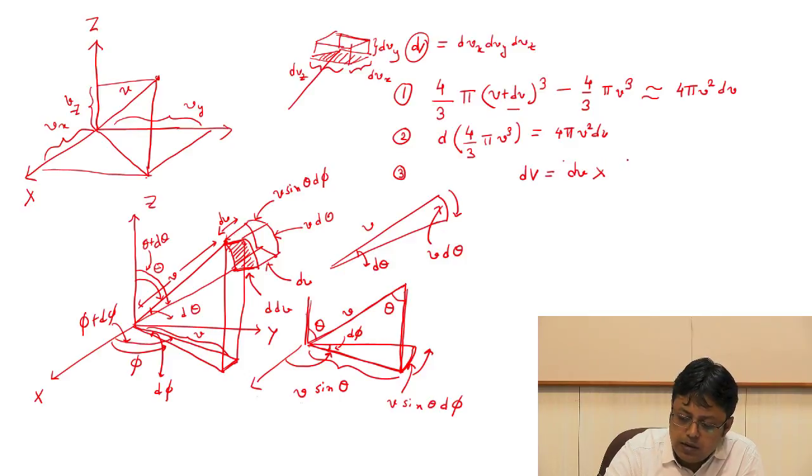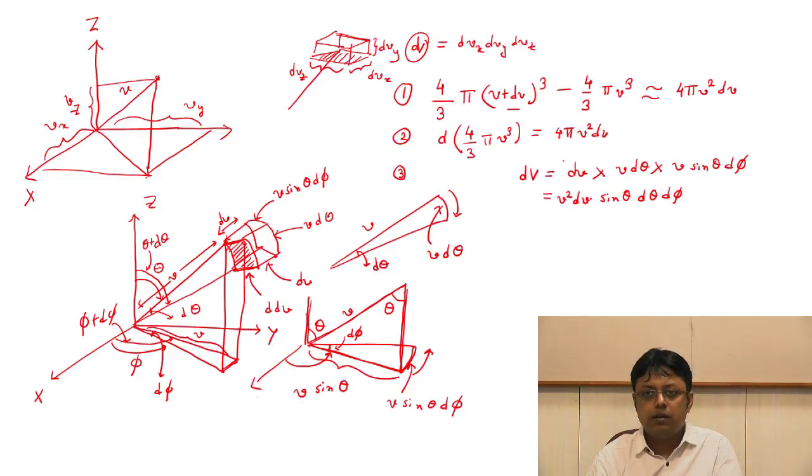Theta to theta plus d theta is giving me one side as v into d theta. And phi to phi plus d phi is giving me v sine theta d phi. So what I'm getting is v square sine theta d theta d phi, and there is also a dv. I'm just collecting the terms.